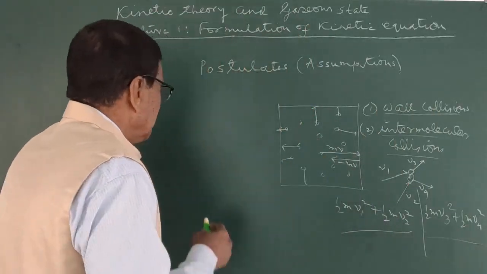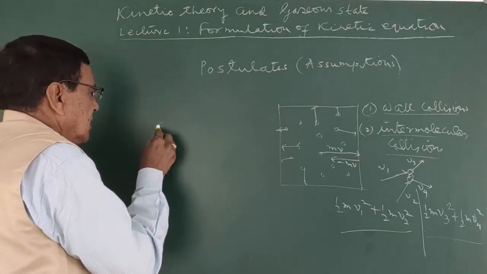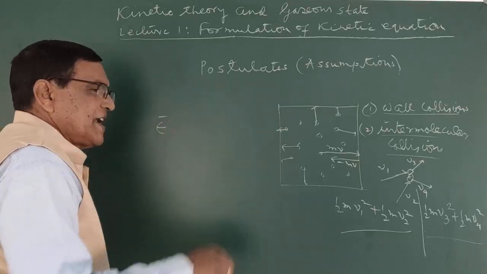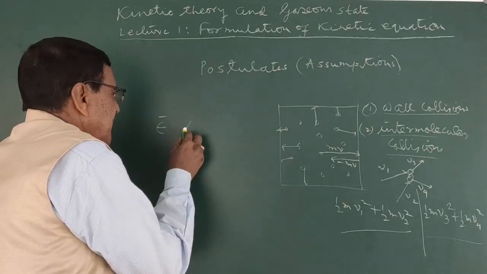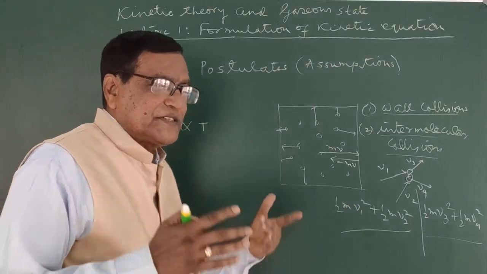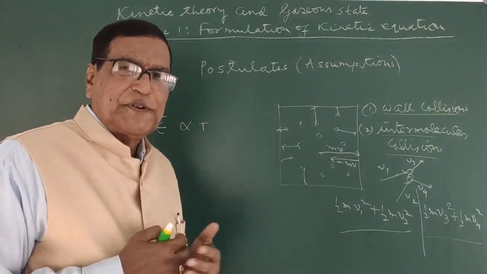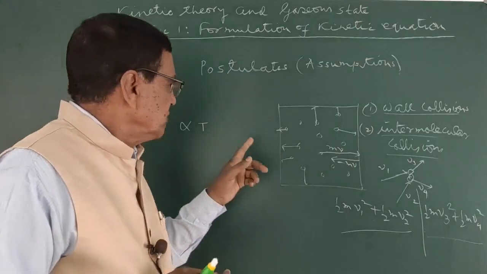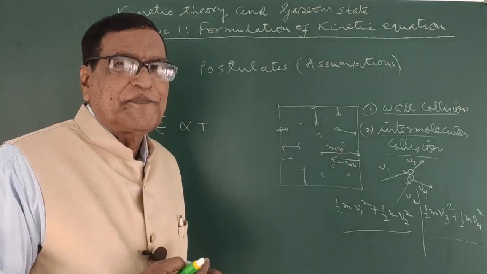That means the average kinetic energy of the molecule is directly proportional to T. If T remains fixed, then the average kinetic energy will also remain fixed. So epsilon bar is again half m c square.